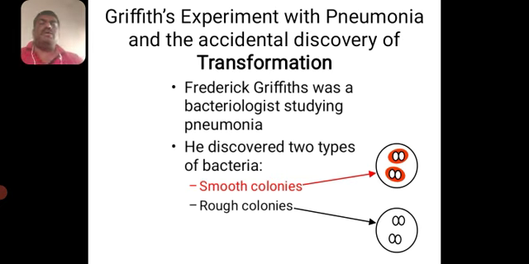Smooth strains are virulent, disease causing, causing the killing of an animal, whereas the rough colonies are non-virulent, non-capsulated, non-disease causing. The scientist Griffith made use of these two strains, S strain and R strain.